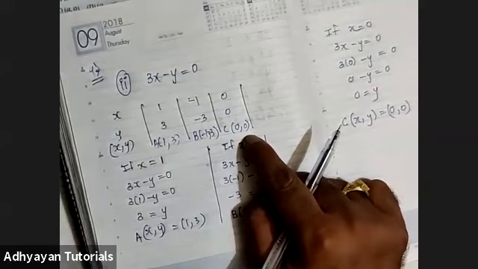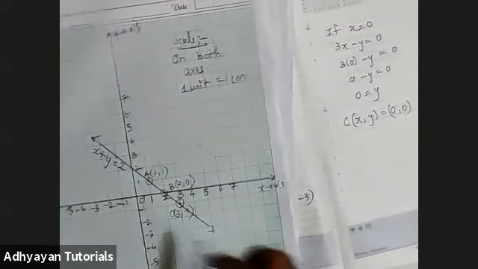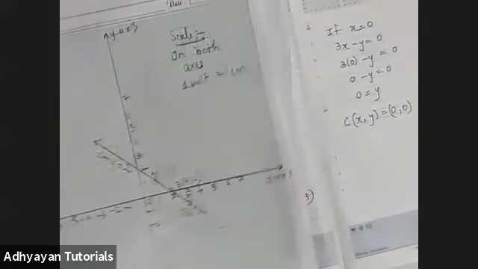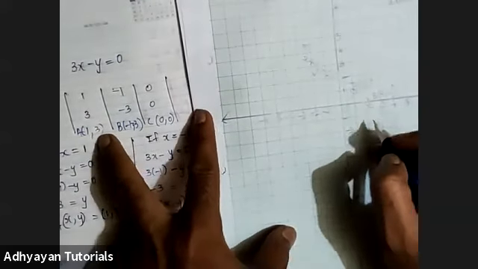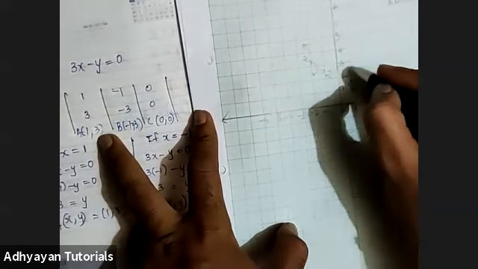Now it is your choice, children, whether you plot it on the same graph page or on the other. I would request you to do it on the other graph page. But if the school has clearly said to do it on the same graph page, then you can do that. So I'll plot these 3 points on the same graph page, since the kids were requesting. A is 1 comma 3, so 1 comma 3 is here.